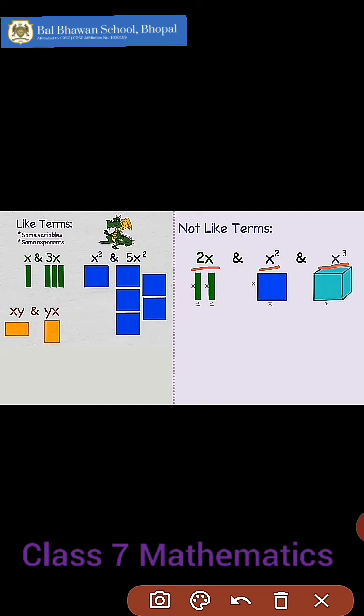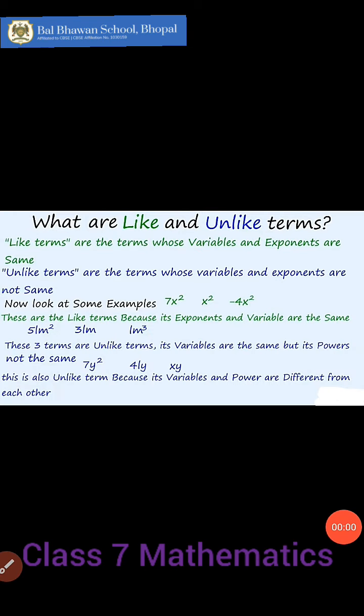So children, we have to make sure that the variables are the same and the powers of the variables are also the same. So here we come to the conclusion that like terms are the terms whose variables and exponents are same, whereas unlike terms are the terms whose variables or the exponents are not the same.